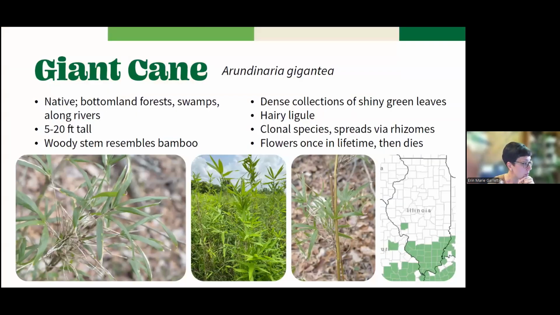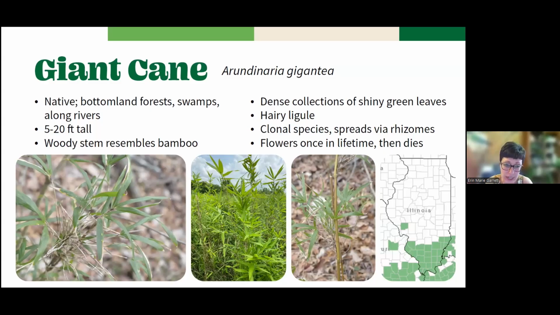Our first one that we're going to talk about is giant cane. Giant cane is definitely going to be focused down in southernmost Illinois. It is a native grass and it is our only native woody grass in Illinois. It can grow quite tall, so we say between 5 and 20 feet tall.